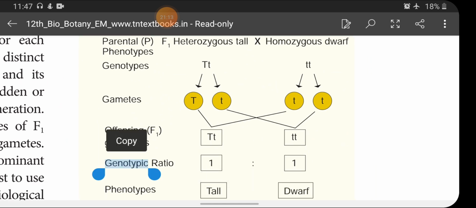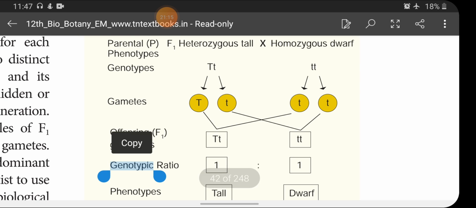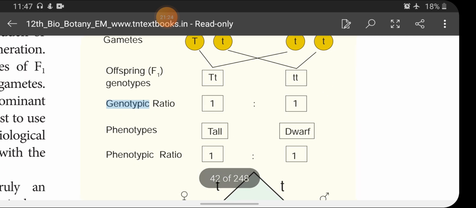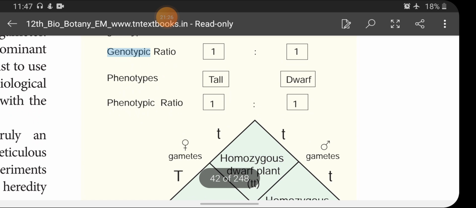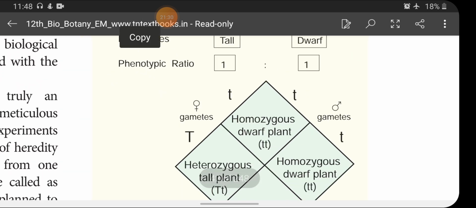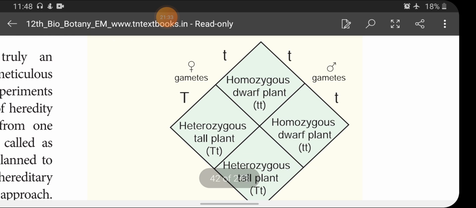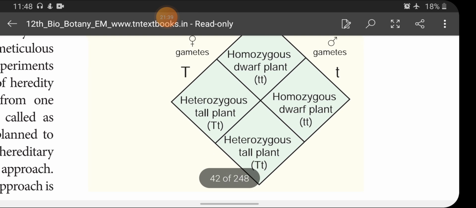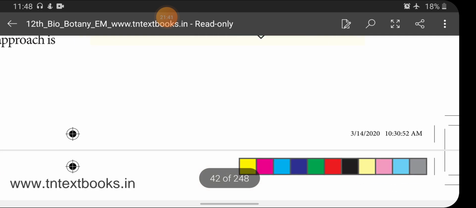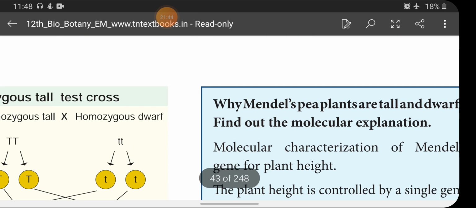Capital T small t crossed with homozygous dwarf, we could observe in the F1 generation all tall plants with a genotypic ratio of 1:1, and these tall plants crossed again with dwarf plants will give the same 1:1 ratio, that is, homozygous dwarf to heterozygous tall. So a 1:1 ratio. This is about the test cross.